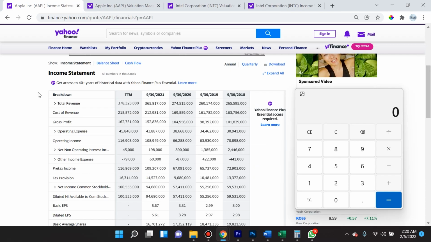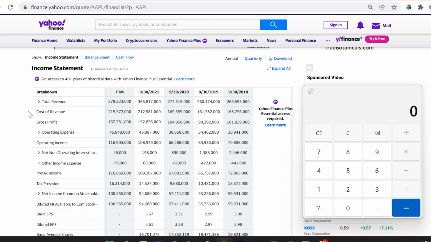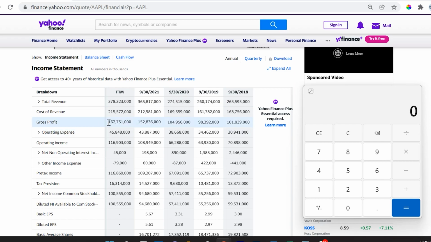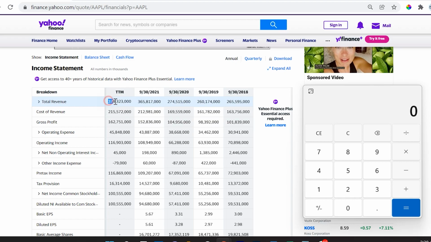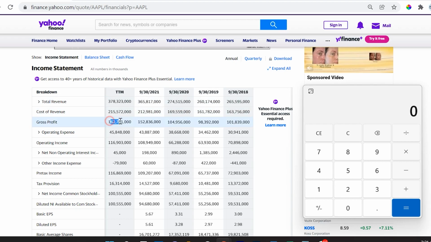If you navigate to any income statement, you'll see that the first thing that's calculated is gross profit. And over here, we can see Apple's gross profit for trailing 12 months. How's it calculated? Well, it's very simple. You take the total revenue and you take the cost of that revenue, also known as expenses, and you subtract it from total revenue and you get this number here.